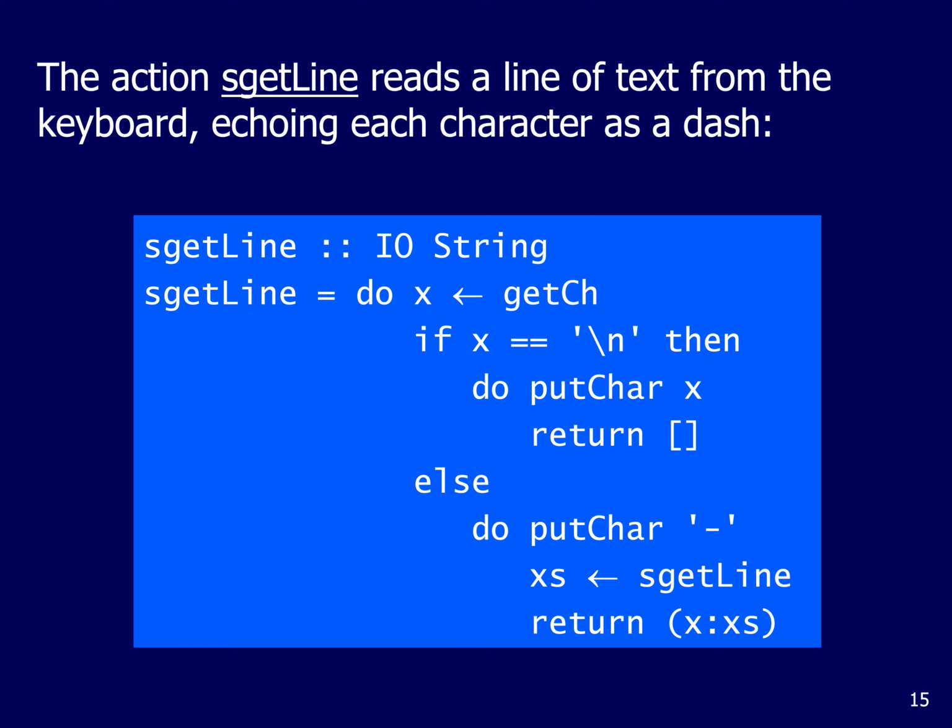Then we will call ourselves recursively to read the remaining characters in the string, and we'll call that xs, and then finally we will return the full string, which is comprised of the first character x and the remaining characters xs.